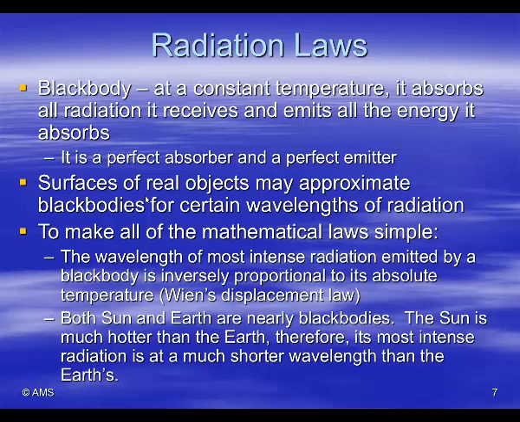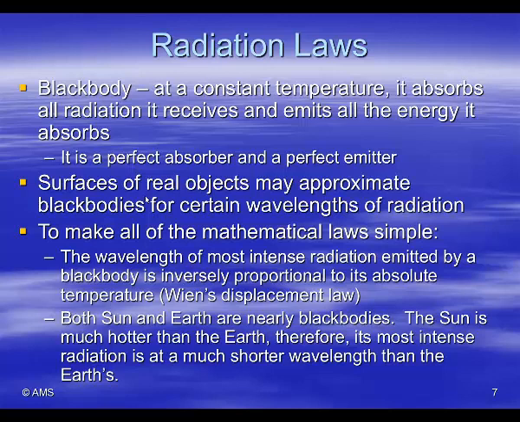So think of it this way. If the sun comes in and it heats a body, that body gets hot and then it re-radiates out energy. The surfaces of real objects may approximate a black body for certain wavelengths of radiation.